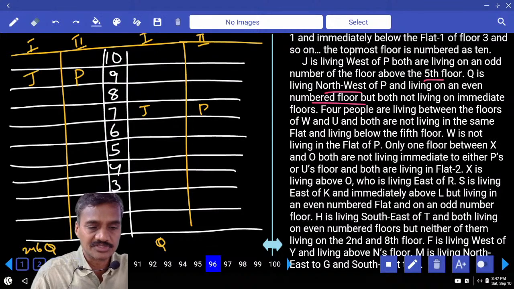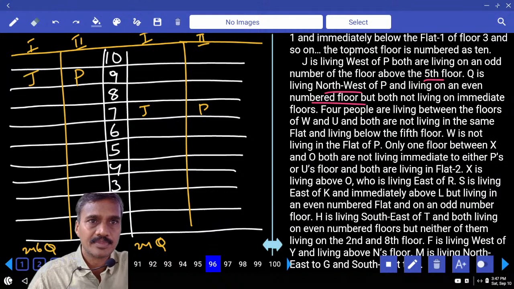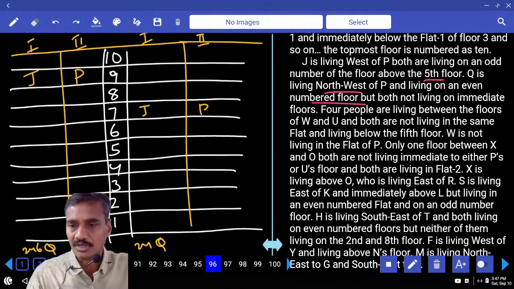And in the second case, where should Q be, either 2 or 4. Isn't it? Now Q is living to the northwest of P.